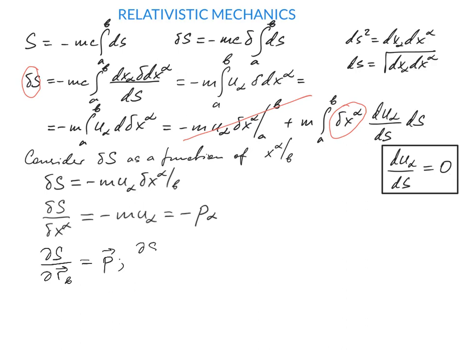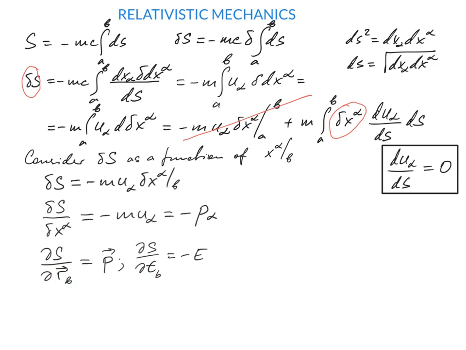Now, the derivative with respect to the time of the final point is negative energy. You can come back to your class in classical mechanics and recall these facts. Now, the derivatives here with respect to x^α are just the derivatives with respect to ct and with respect to r. So it's the same thing as here.